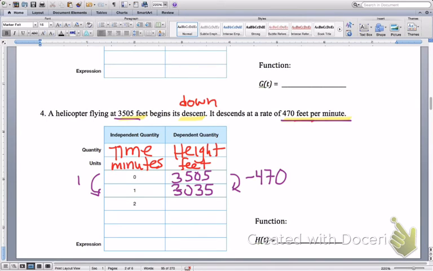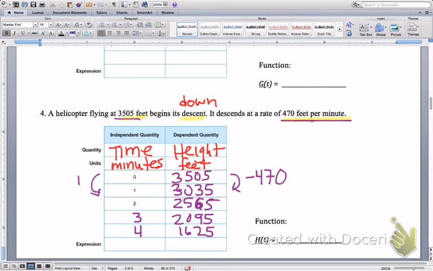We subtract another 470, and we get 2565. Minute 3, we subtract 470 again, we get 2095. I believe this is a typo. This is 65, sorry, and this is 95. And minute 4, we get 1625.